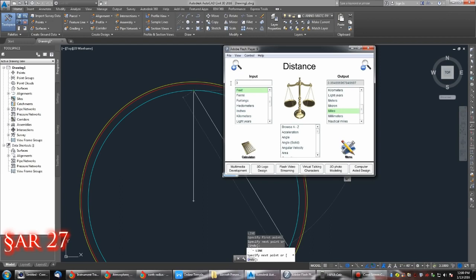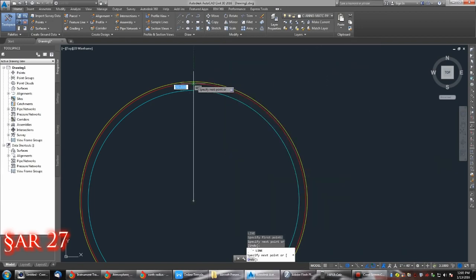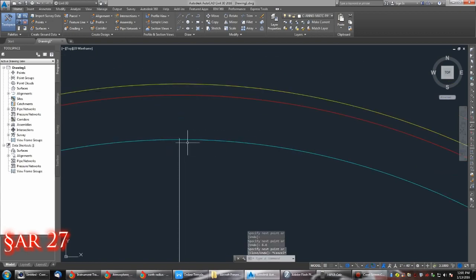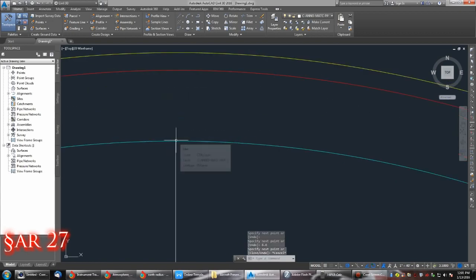I already know by the top of my head, but gotta put it here for people. So 35,000 feet is about 6.6 miles. So we're just going to round that down to 6.6 miles. 6.6.